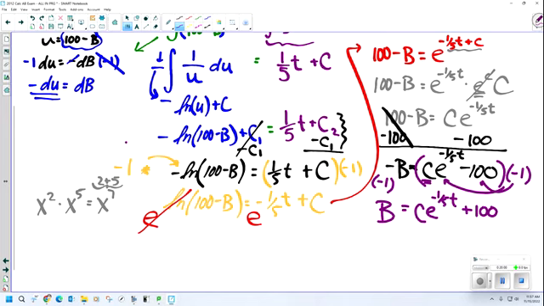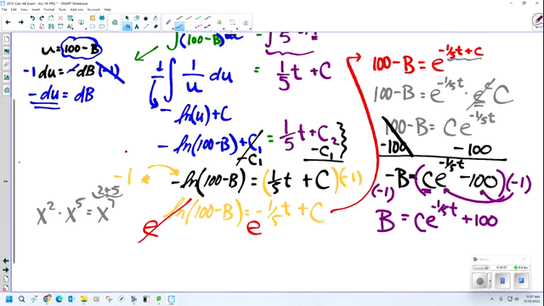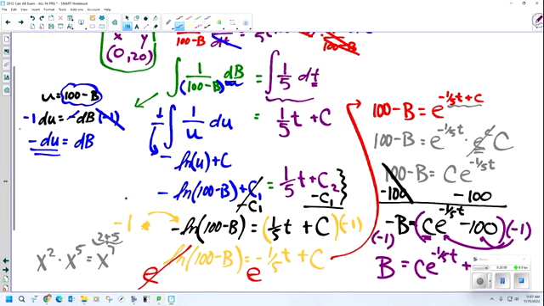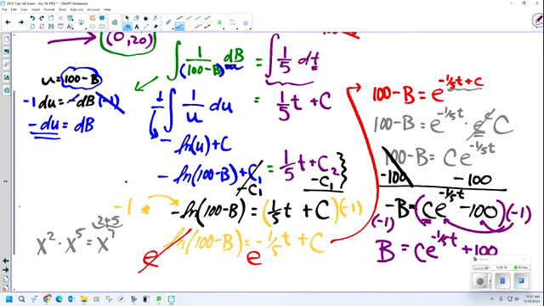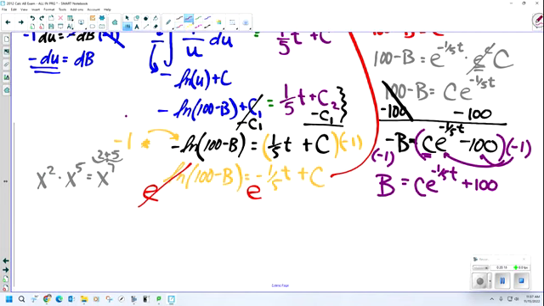All right? Now I take my initial condition, and I got to find out what C is. They want my equation B, but they want the exact solution using this condition at 0, 20. My B is 20, my T is 0.